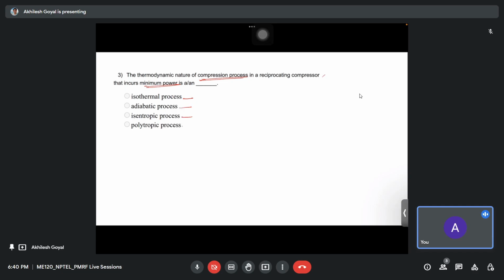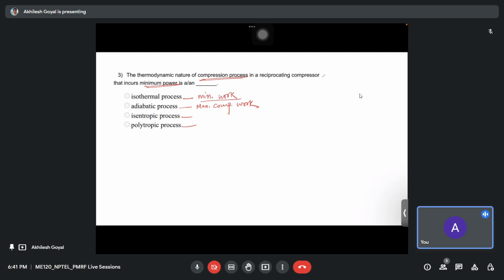The reversible adiabatic process results in maximum compression work, as we saw in the second slide. Similarly, the polytropic process also results in some work, but that is not the minimum work. But if the process is happening as an isothermal process, then the minimum work is done on the gas compression.